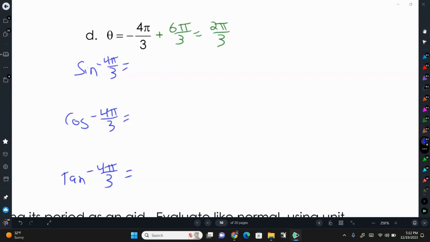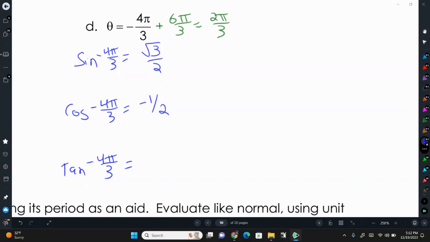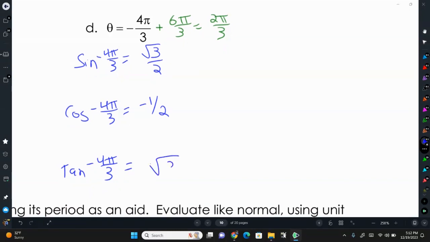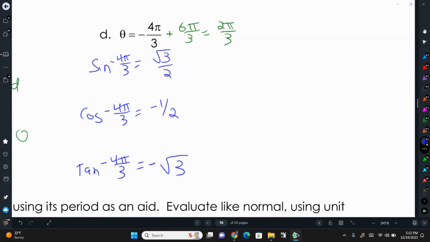The pi over 3 family has a sine value of the square root of 3 over 2, which means the cosine is going to be 1/2, but negative because we are in quadrant number 2. And then our tangent, we are pi over 3 family, so our tangent is going to be the square root of 3, but it's going to be negative because we are in that quadrant, I'm sorry.